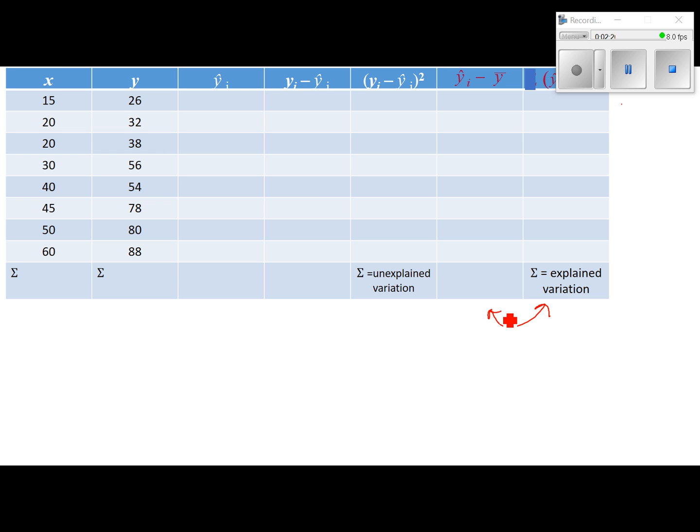Again, if you take these numbers and stick them into your lists on your calculator, you can find the sum of all the X's and the sum of all the Y's just by using 1-Var Stats. We deal with the X's as one thing and the Y's as a separate thing, using 1-Var Stats under the stat bar on your calculator. When I did that, I found this sum was 280, and this sum was 452.